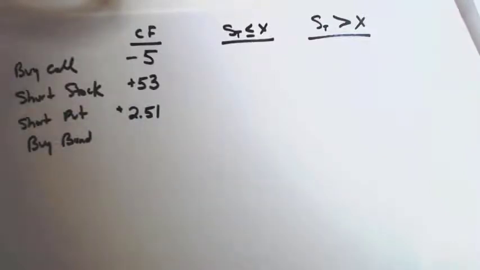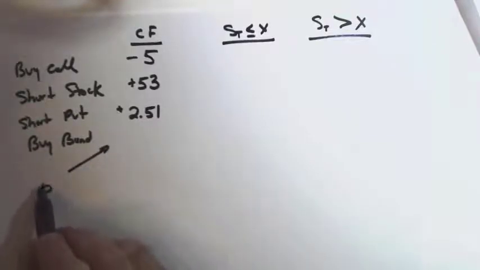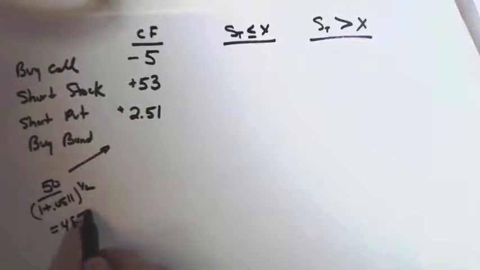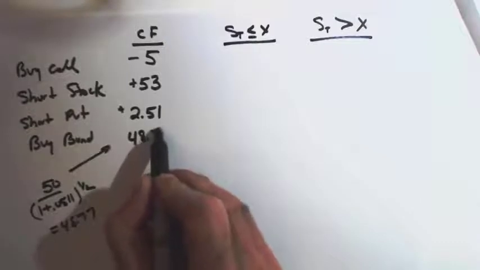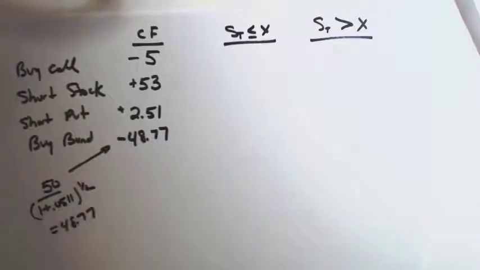And then I'm going to buy the bond, and the bond is the strike of 50, discounted at 1.051, a little over 5%, to the 1/2 power. This equals $48.77. I'm going to buy a bond for $48.77, and there's a negative sign.